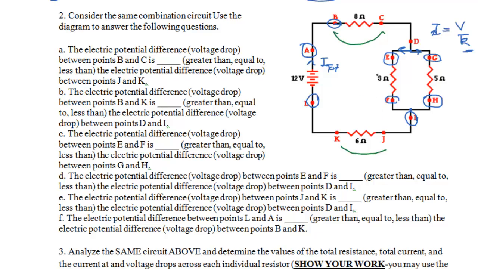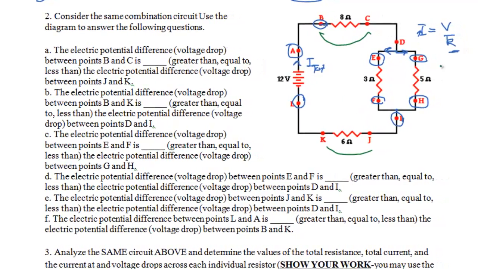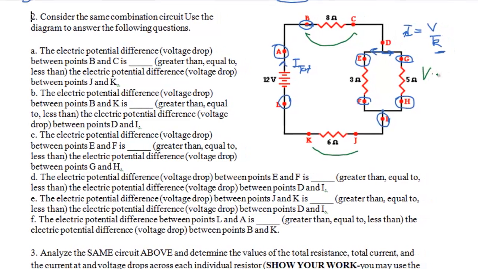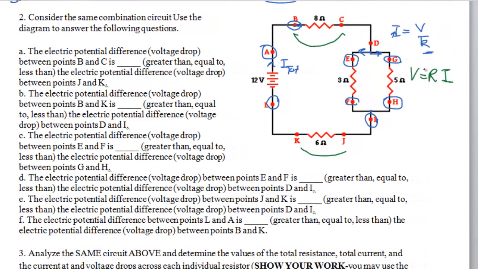Now as we mentioned, the voltage is equal to R times I, V equals RI. And since the current that goes through B to C is the same as the current that goes through J K, so the current is constant, the determining factor will be the resistance. The variable is the resistance. So the bigger the resistance, the bigger the voltage. Voltage and resistance are directly proportional, unlike the current and resistance that are inversely proportional.